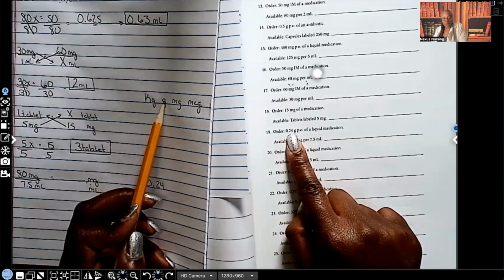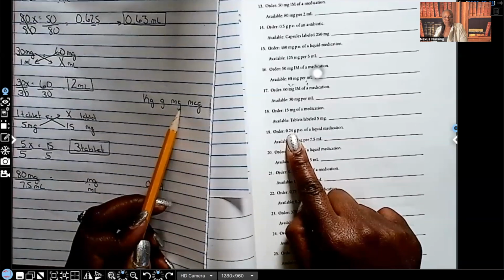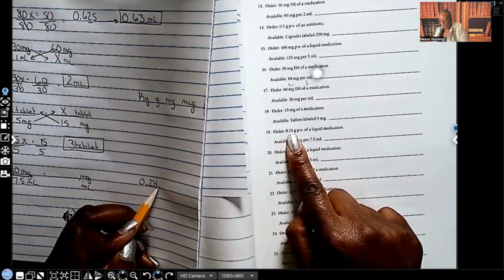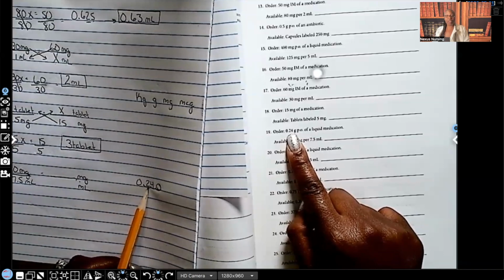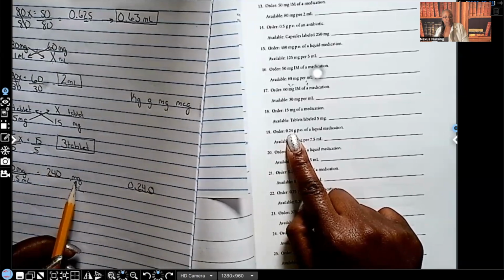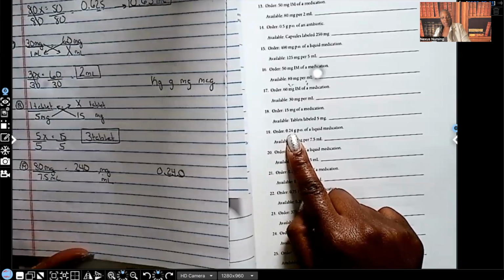If I'm going from grams to milligrams, that means I'm moving my decimal space to the right 3 times. All right, 1, 2, 3. Guess what? That 0.24 grams is the same thing as 240 milligrams. So I'm going to put my 240 milligrams, because that's what I need, milligrams, over X. I'm solving for X.